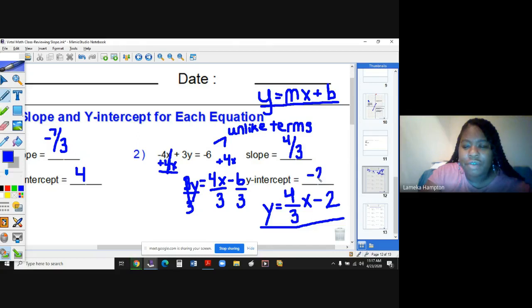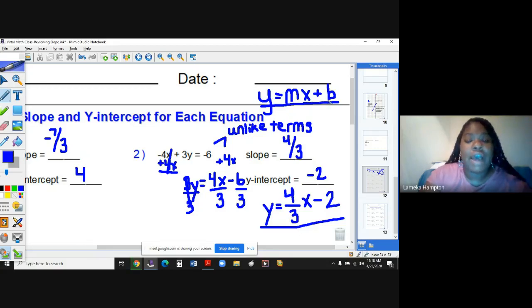All right. So just a quick recap. Anytime you see x plus y equals something, the goal is we want it in the y equals mx plus b form, simply because it's easier to identify our slope, because remember, slope is represented by the letter m, and it is the number or the fraction that is next to the letter x.